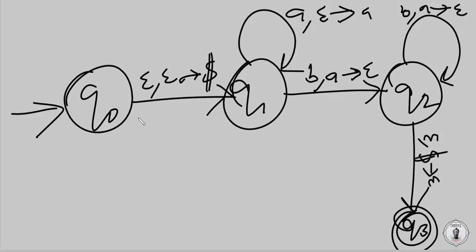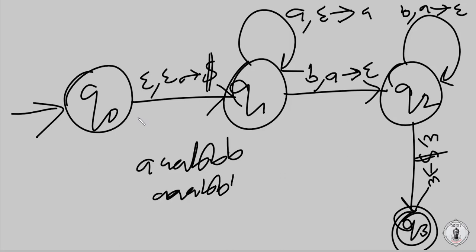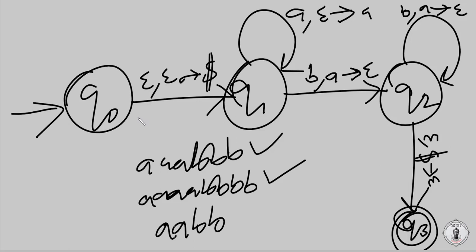So words like AB, AABB, and AAABBB will be accepted. A, B, B, B will be rejected. But if you look at this, it actually solves our problem.